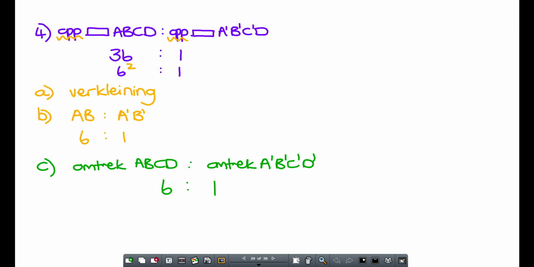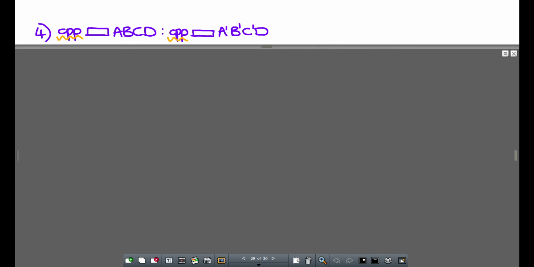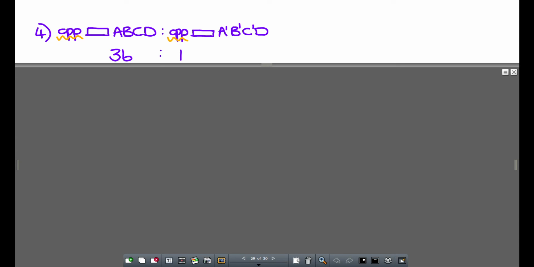Okay. Number 4 says the area of rectangle ABCD to the area of the new rectangle ABCD will be 36 to 1. Meaning rectangle ABCD is 36 times bigger than the new rectangle ABCD, right? But the important part here is that this is area.